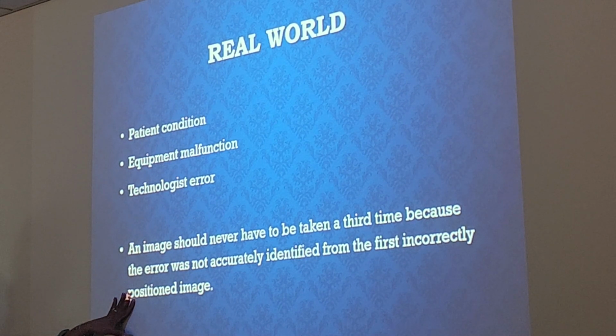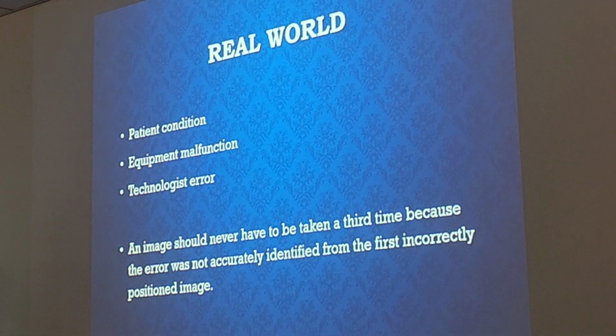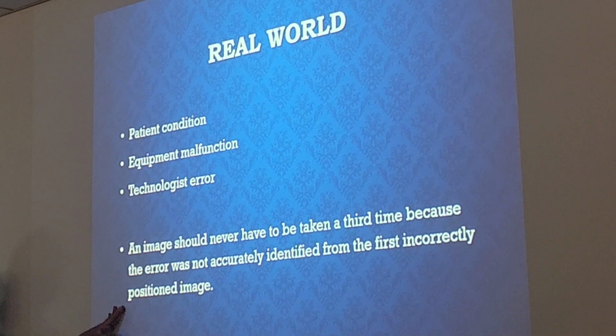The point is, when you take an image and you notice something is wrong, and you know that you can probably remove it out of the way, then we can take our second image.